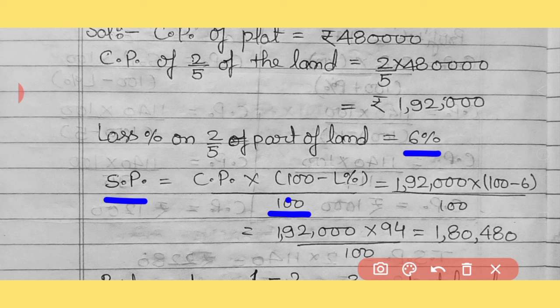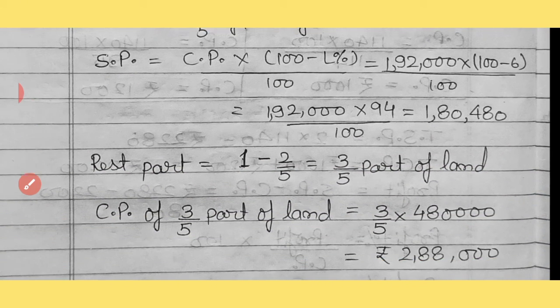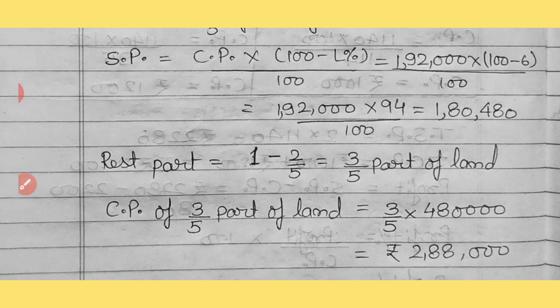So 1,92,000 multiplied by (100 minus 6) upon 100, which is 1,92,000 multiplied by 94 divided by 100. After multiplication and division, we get 1,80,480 rupees. It means the 2/5 of the plot has been sold for 1,80,480 rupees.